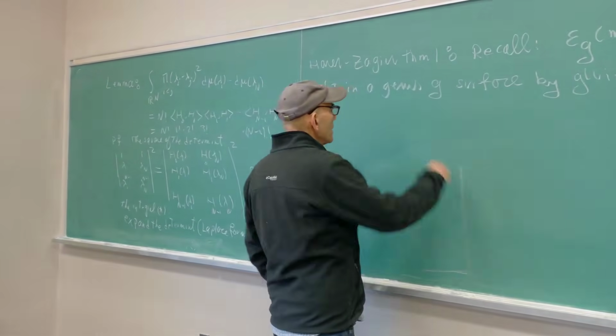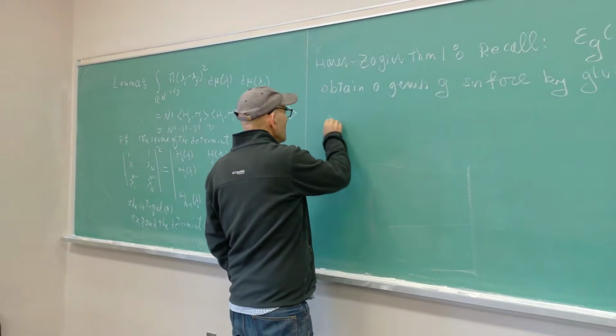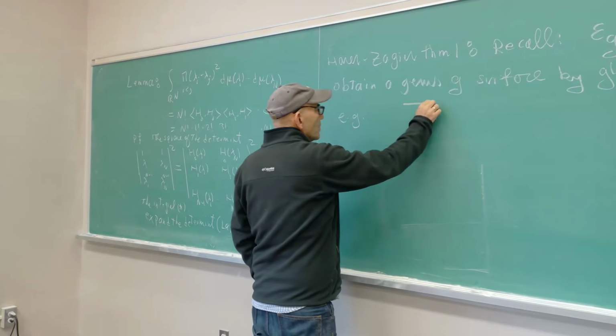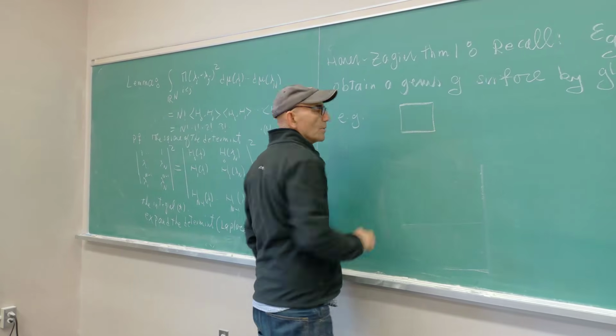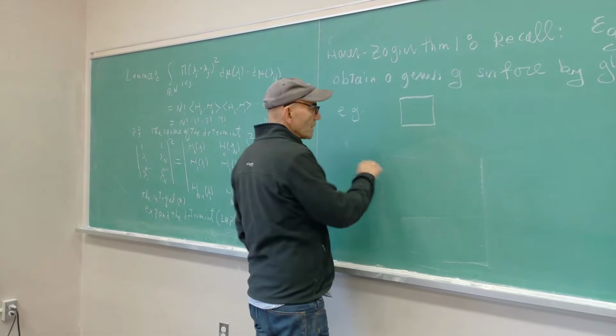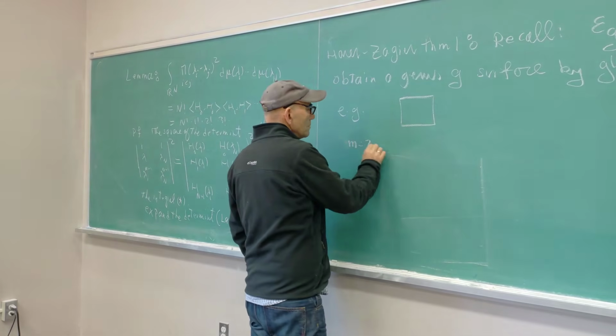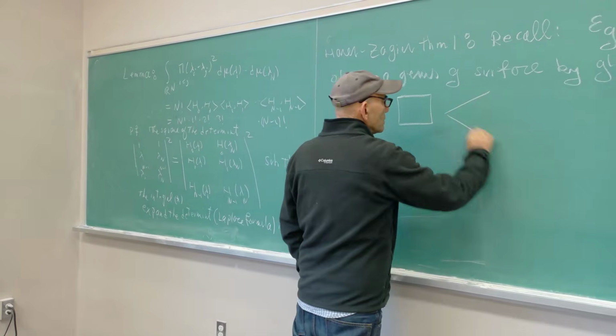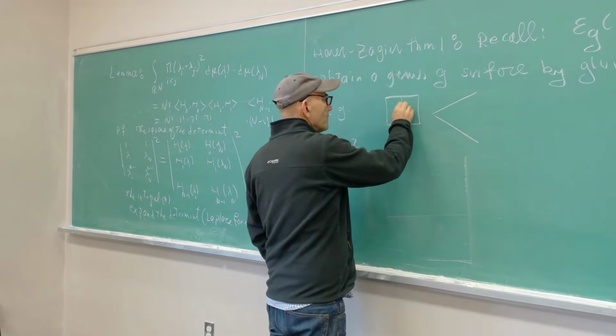Let's recall. We started with a square, for example, and n equal to 2. In this case, we got two things.